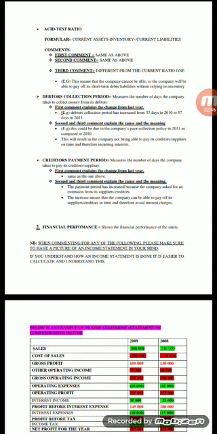Creditors payment period, you want it to increase rather than decrease, because when it increases, it means you have more days to pay your suppliers. Because, guys, you know that with the liquidity ratios, we want to know if you will be able to pay off your short-term debts in time.